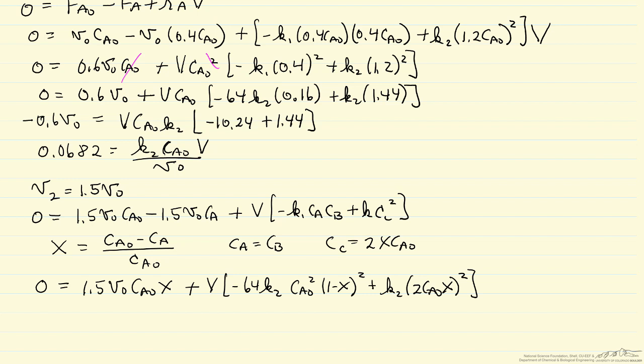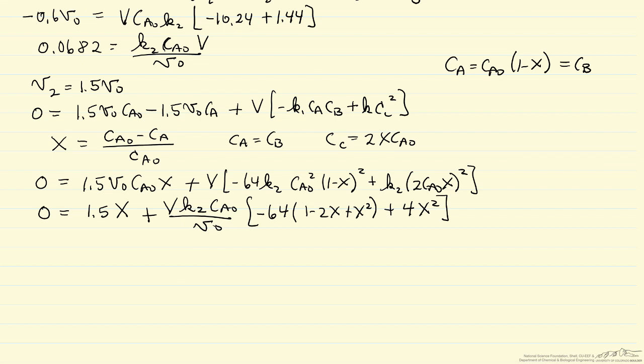So I've made the substitution where, note I also substitute in K1 as 64 times K2, and CA is CA0 times 1 minus X, which of course is also CB for this particular case.